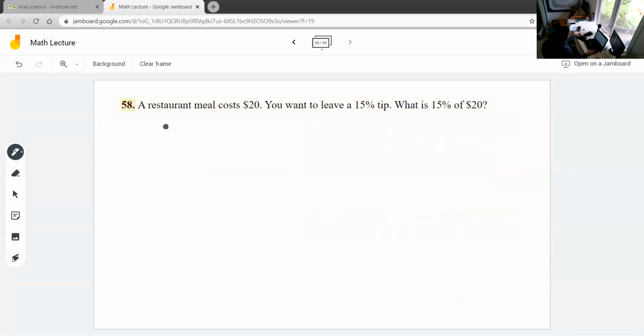So $20, one decimal point scoot left, gives me $2 for a 10% tip. Half of that would be $1 for a 5% tip.